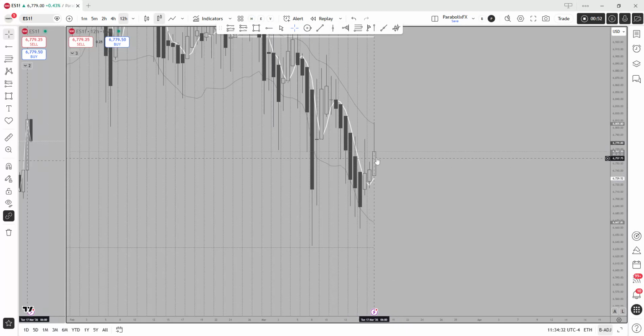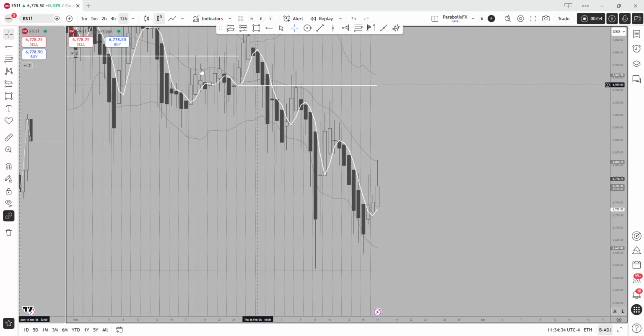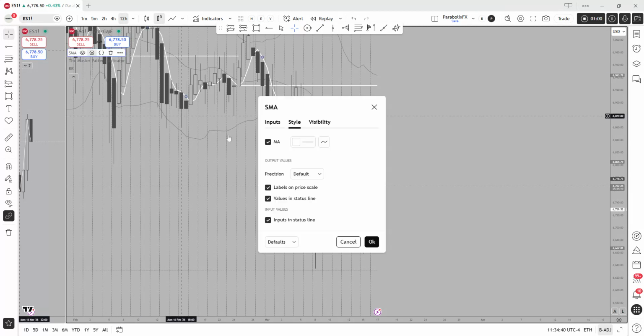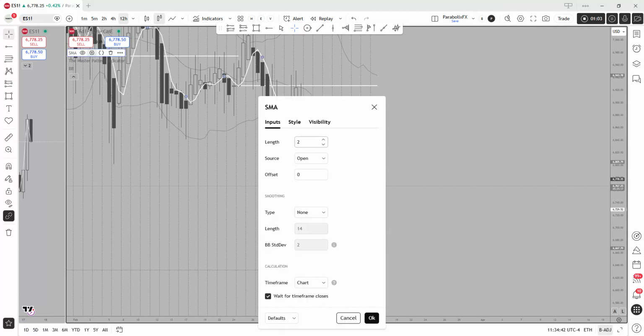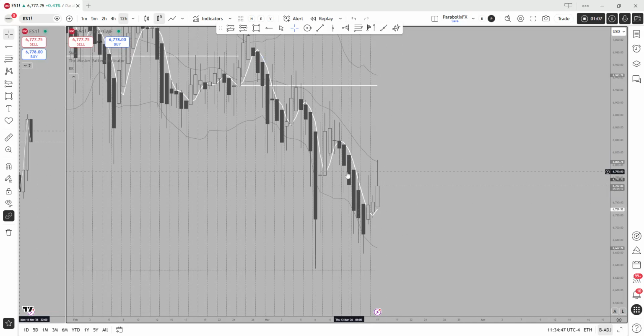How I'm using it is I'm using Bollinger Bands, as well as the SMA, which I've set to the length 2 and the source open. And basically what I'm wanting to see is price close inside of this SMA and hold the direction, to give me a directional bias for longs or shorts.